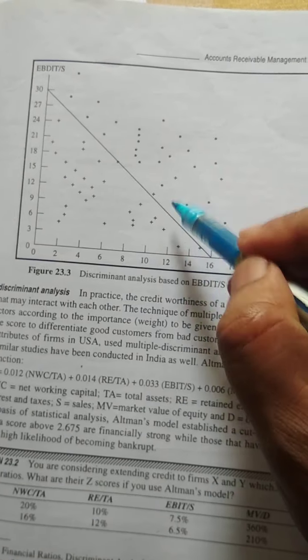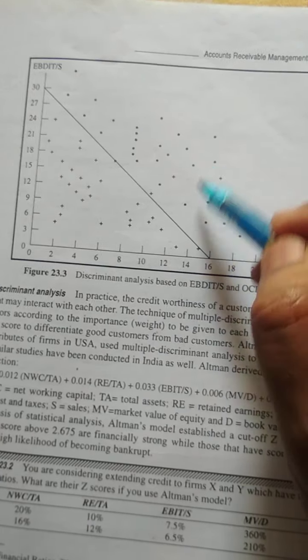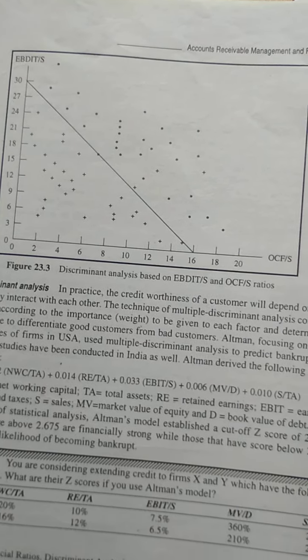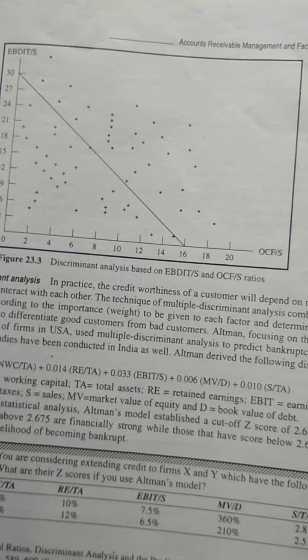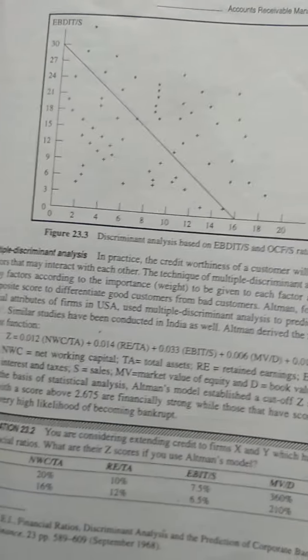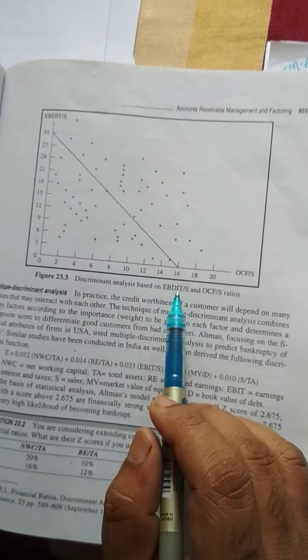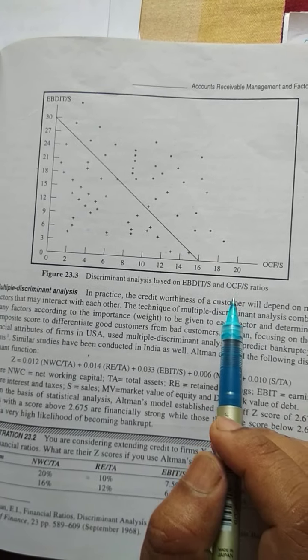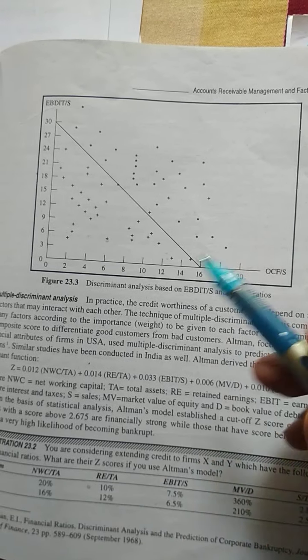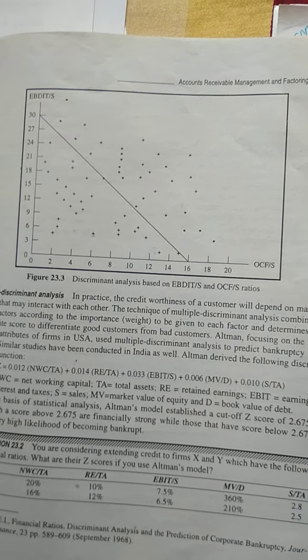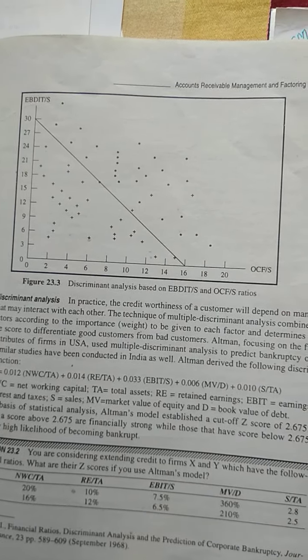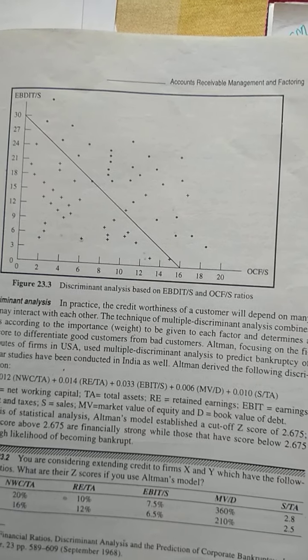We will mark the position and chart it out. It is called simple discriminant analysis. That is only two factors, rather than the ad hoc approach taking all general factors. Here the organization takes into consideration only two factors: EBIT, earnings before interest and tax, and OCF, operating cash flow, compares them with sales and marks them inside the graph. It is called simple discriminant analysis.